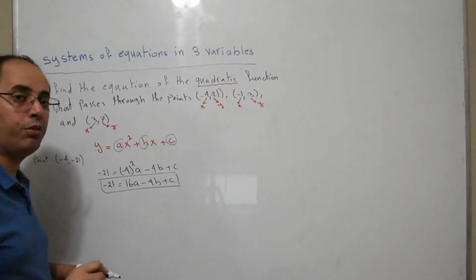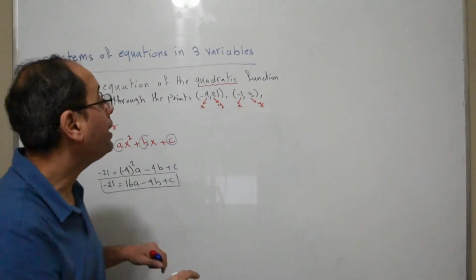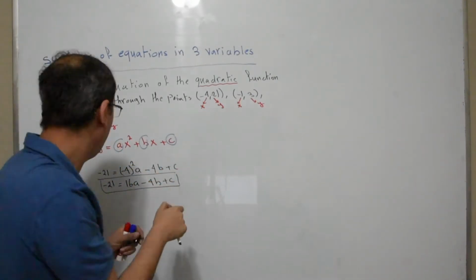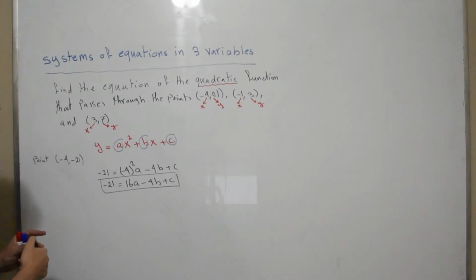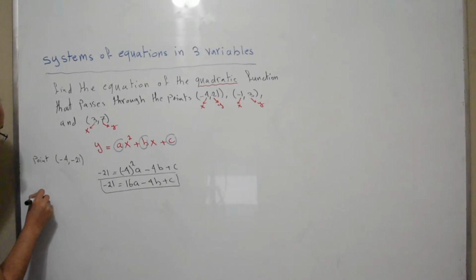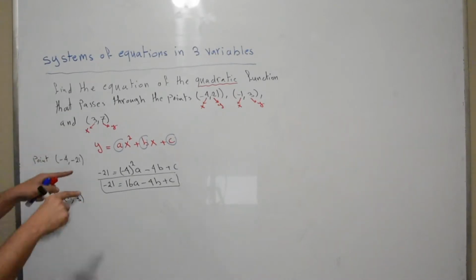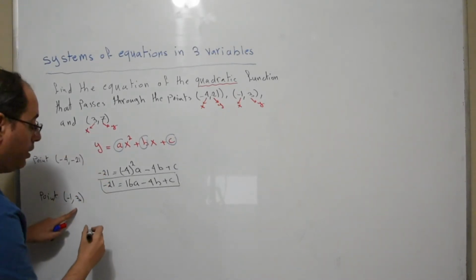How many equations do I need? 3. Can I get the 3 equations from these 3 points? Yes. Let's go with the second one and do the same thing. The point is (-1, 3). Let's plug it in. What is y? Y is 3.